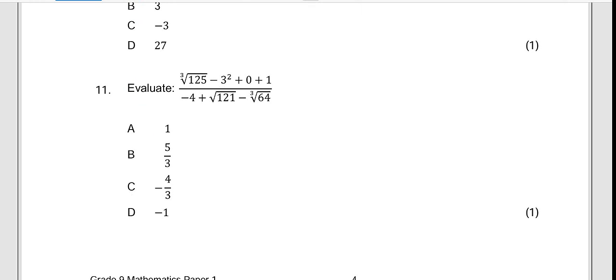So number 11, even here, guys, we can also use our calculator. Let me show you how to calculate this one. The cube root of 125 is 5. Minus 3 to the exponent of 2 is 9. 9 plus 0 plus 1. Divided by minus 4, the square root of 121 is 11.